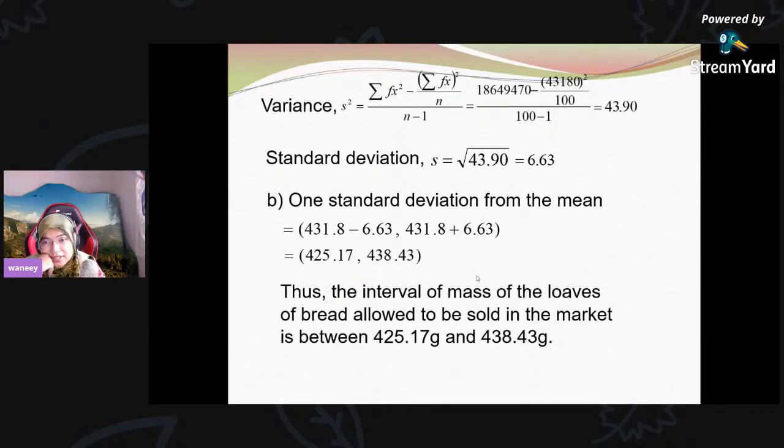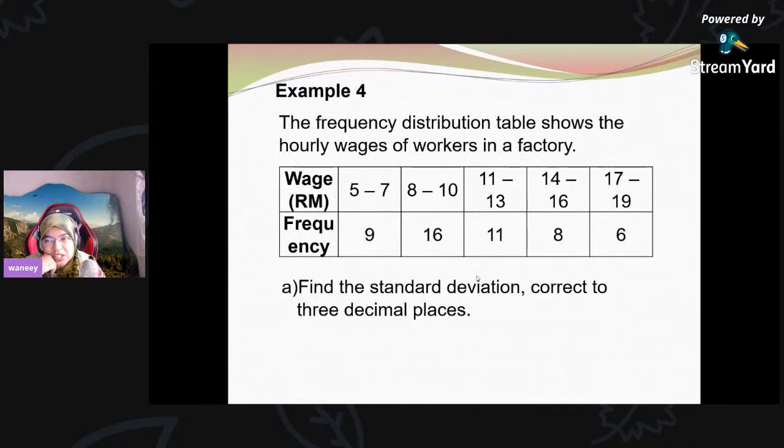Okay, next. The frequency distribution table shows the hourly wage of workers in a factory. So that is the wage. Okay, so 5 until 7, 8 until 10, 11 until 13, 14 to 16, 17 to 19.